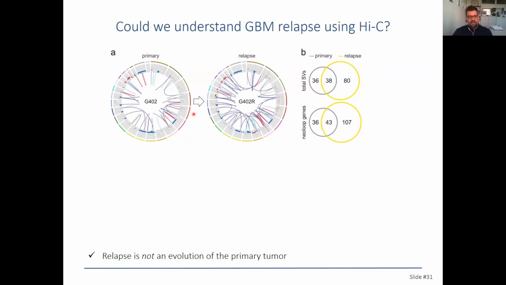And what we find, and this is not unexpected, of course, is that we have more structural variants in the relapse situation. This makes absolute sense because these patients have undergone heavy chemotherapy and radiotherapy. They've all undergone the exact same therapy, by the way. And of course, this will induce lots of DNA damage, presumably, and provide more opportunities for structural variants to arise.